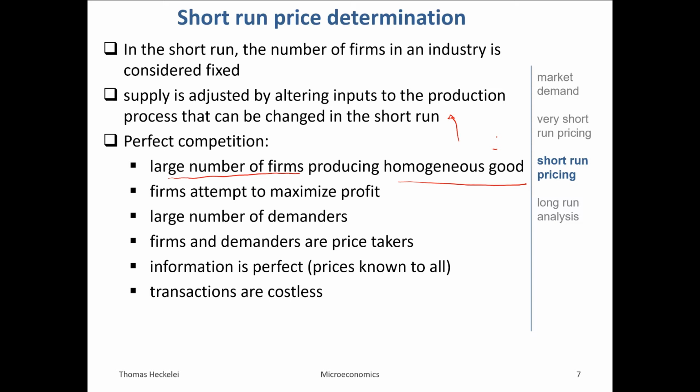The second assumption: firms attempt to maximize profits. This is an important assumption which you should keep in mind, and that will be helpful for our analysis later when I show you on the board. We'll go back to this now.